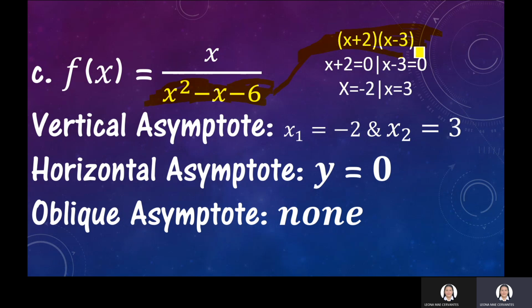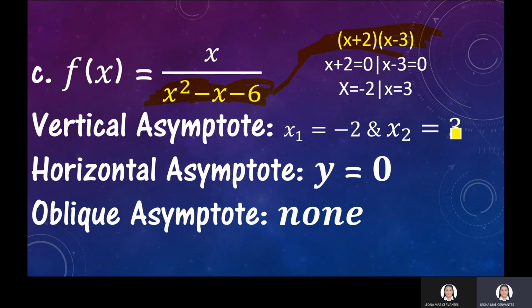Then, x minus 3 naman. So, x minus 3 equals 0. Then, x is equal to 3. Okay? So, vertical asymptote, makakaroon tayo ng dalawang x. So, we have x sub 1 equals negative 2 and x sub 2 equals 3.